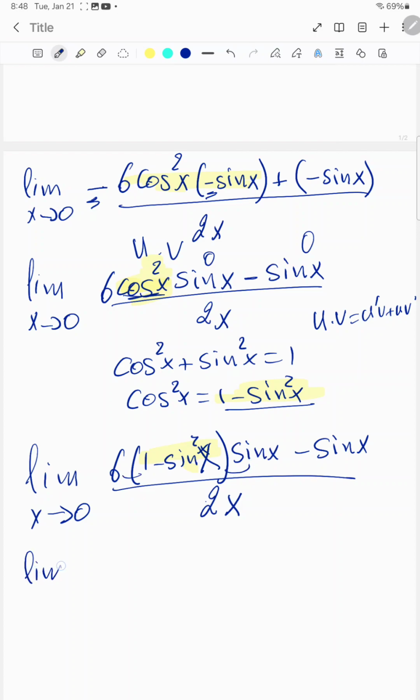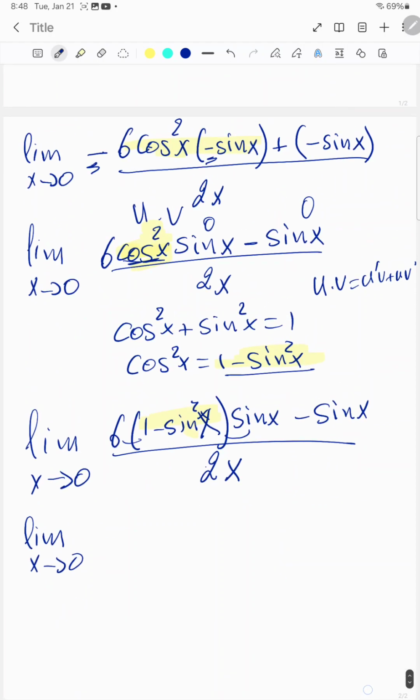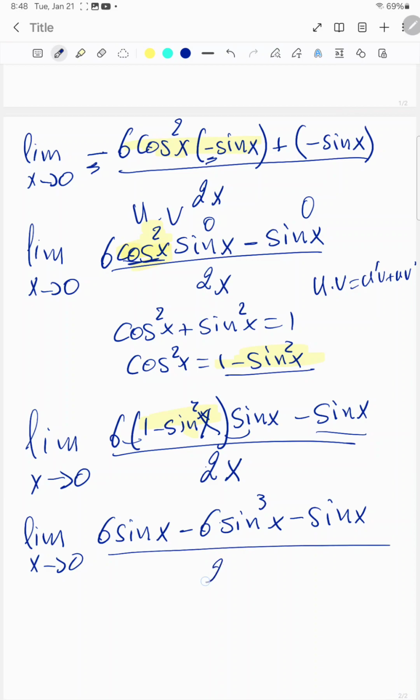So it becomes the limit when x goes to 0 of 6 times 1 is 6, times sine of x is 6 sine of x. And 6 times sine of x times sine square of x is minus 6 sine cubic of x. And I have this minus sine of x. I keep it here, divided by 2x.